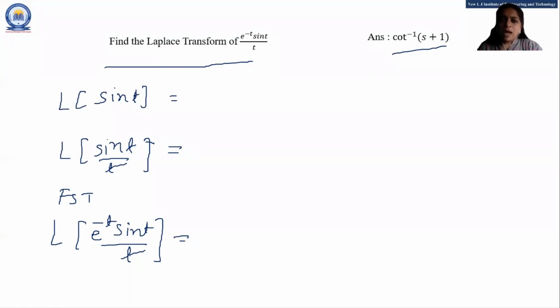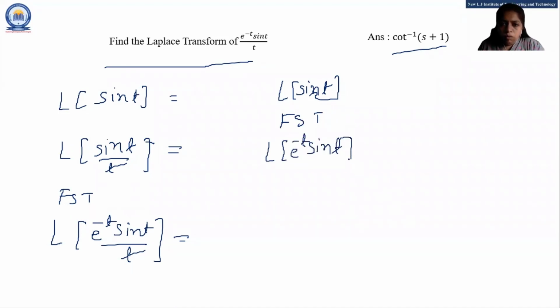But if anyone wishes, they can find Laplace of sin t first, then apply the first shifting theorem, Laplace of e raised to minus t sin t, then Laplace of e raised to minus t sin t upon t.